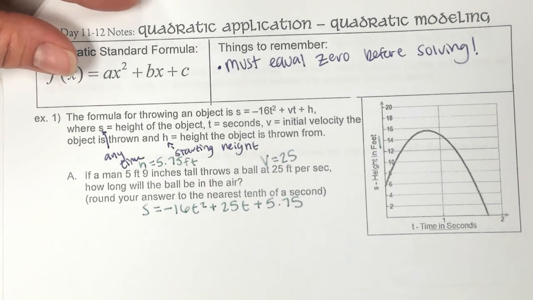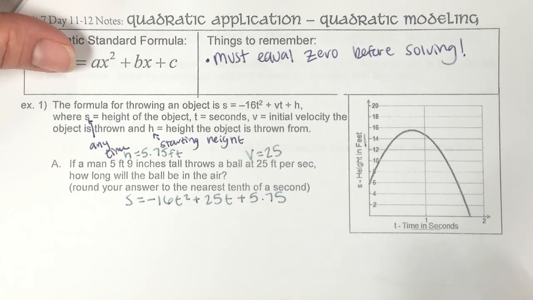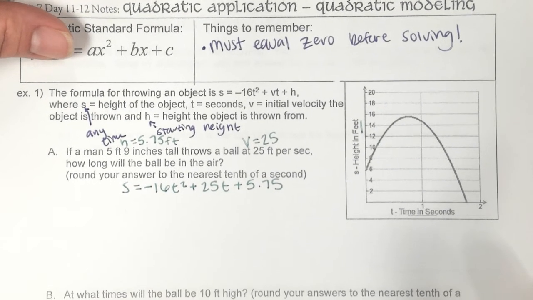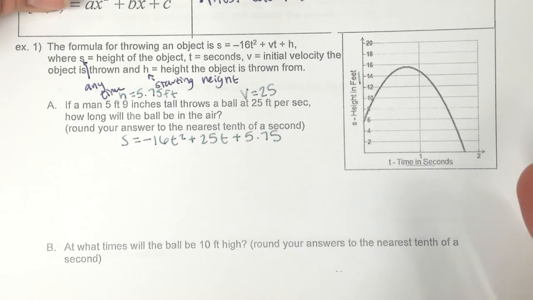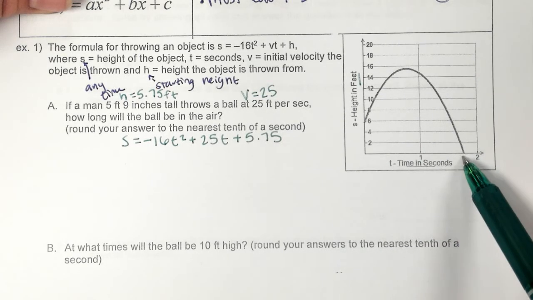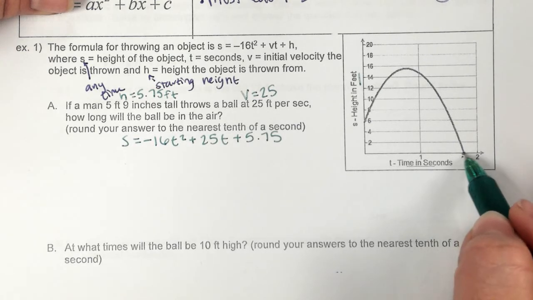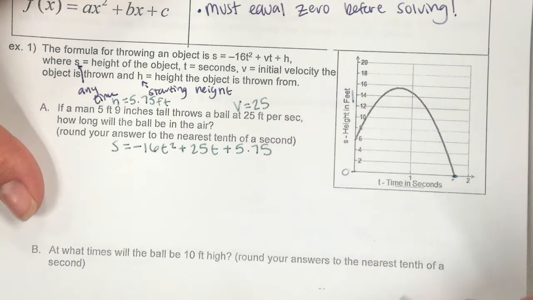Well, how do we know when the ball's in the air? How will we figure that out? Well, the ball is in the air from this to this, so somewhere between 1 and 2. Well, what's the height of this point? 0. So can we plug in s is 0?